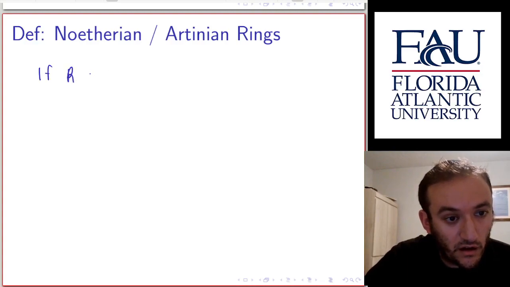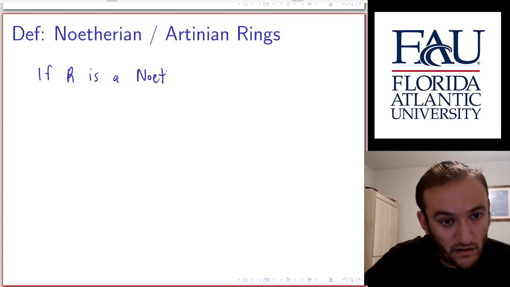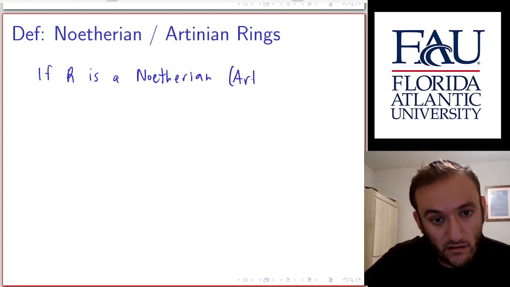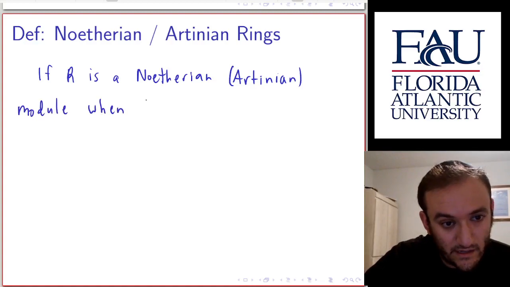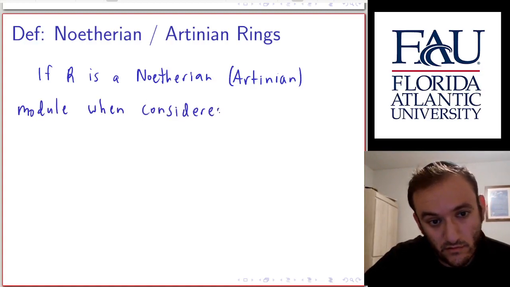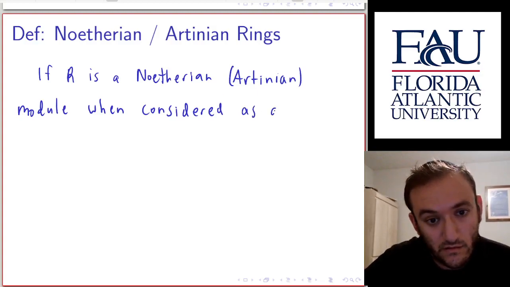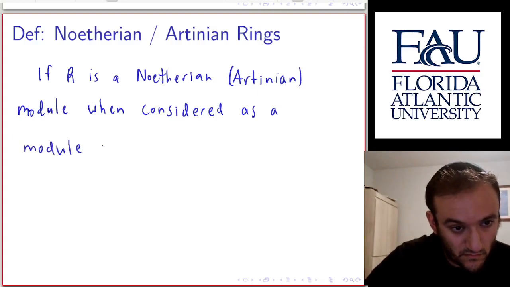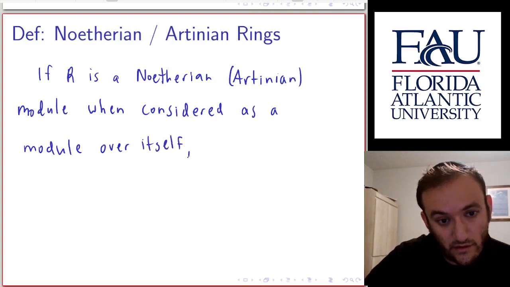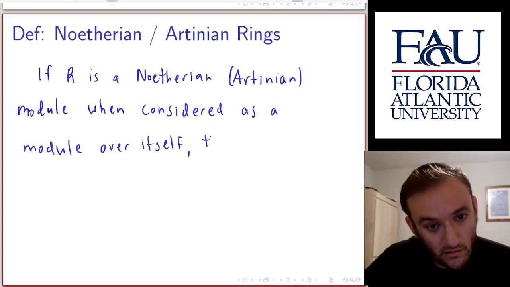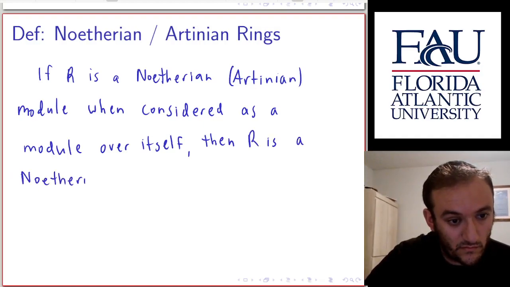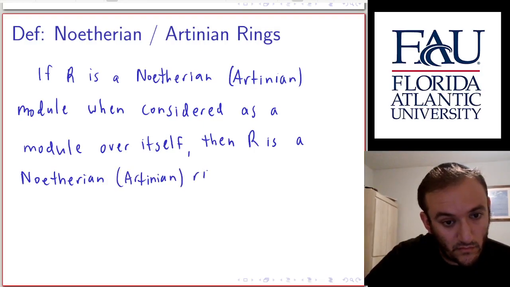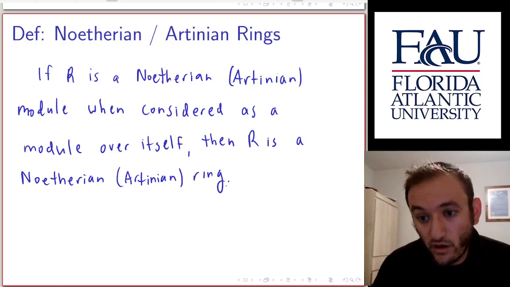If R is a Noetherian or an Artinian module, when considered as an R module, so it's a module over itself, then we say it's a Noetherian or Artinian ring. Okay, and when we think about what are the R submodules of R, well, those are the ideals.